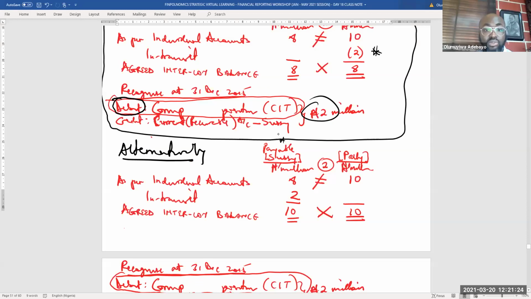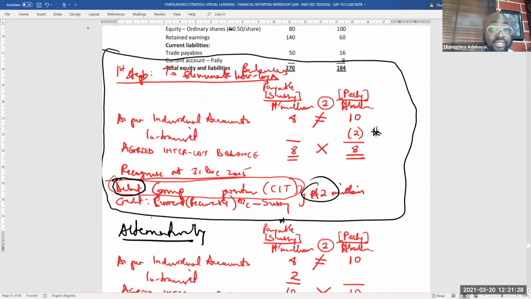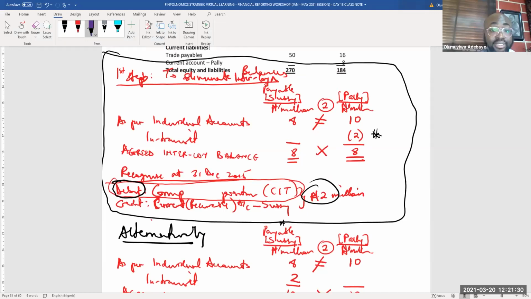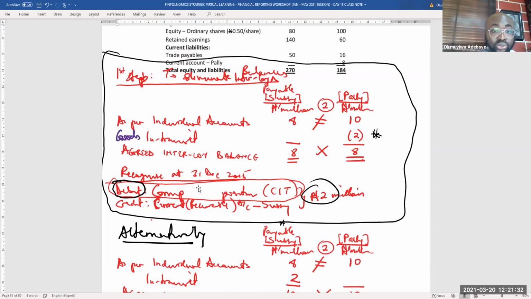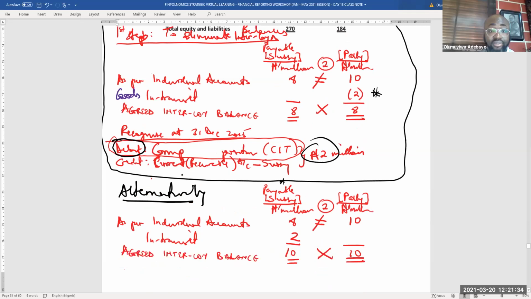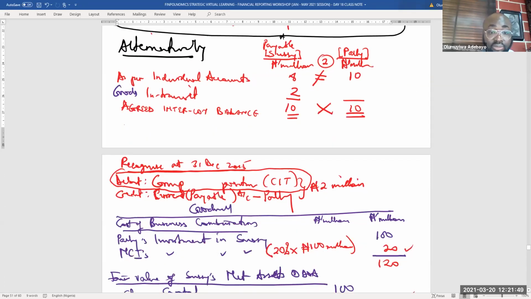Which means the adjustment I'm making is against goods in transit. Therefore, it affects our group inventory. It affects our group what? Inventory.